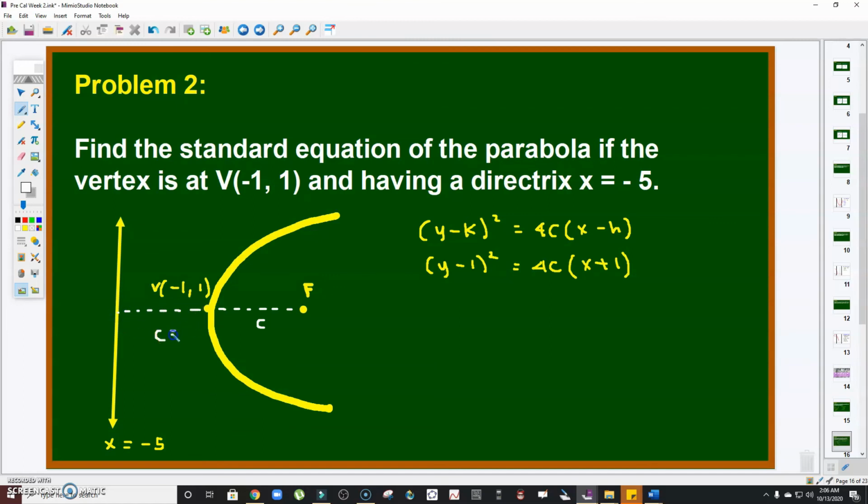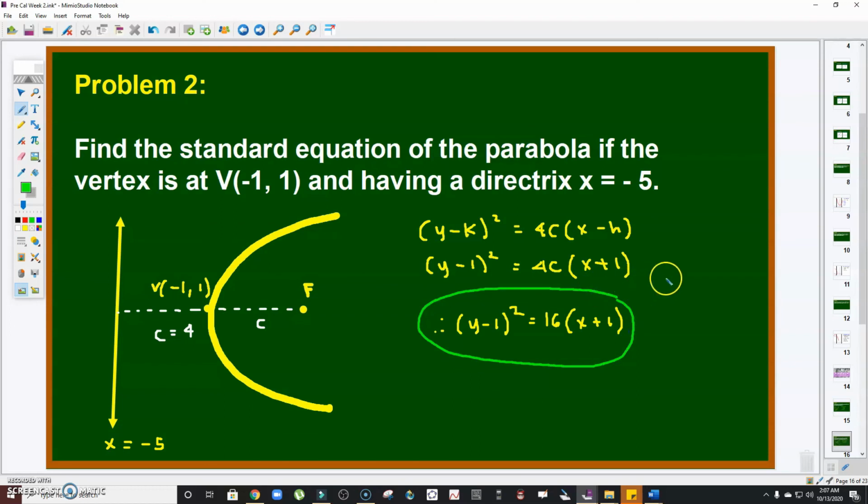Tama? And that is 4 units. Bakit 4? From negative 1 to negative 5. Okay na, alam na natin. So, therefore, ang equation ng parabola ko is y minus 1 squared equals 16, that's 4 times 4, times x plus 1. Okay, there you go. Clear?